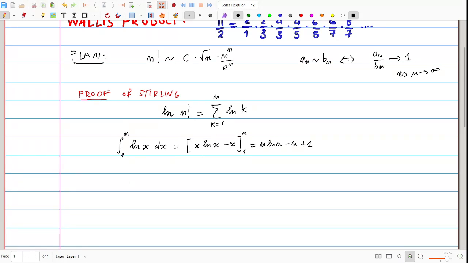What are we computing? Let's make a plot here.